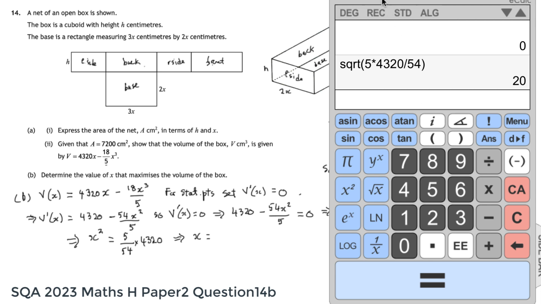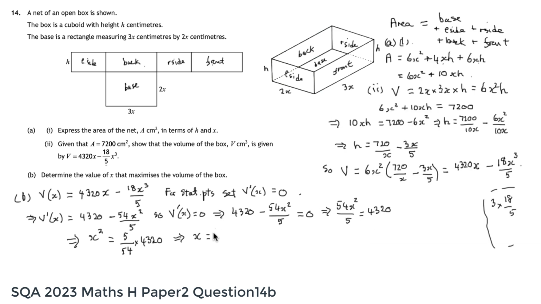That gives us 20. Now, you'll notice we don't need a negative value. x is bound to be positive because x involves lengths. Twice x for this width or length of this box would not make sense if it was negative. So x has to be positive. So x equals 20.